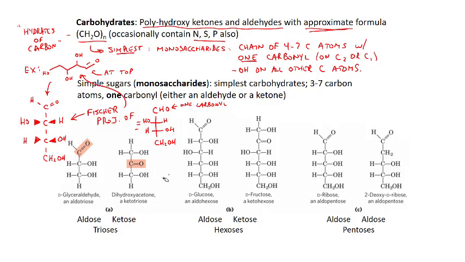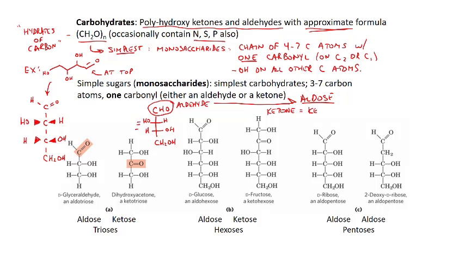So in this particular case, the carbohydrate that I drew is an aldehyde. And there's a special term for aldehyde sugars, and that is aldose. If we had drawn a ketone sugar, the term for a ketone sugar is a ketose.